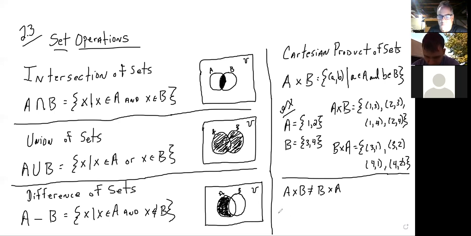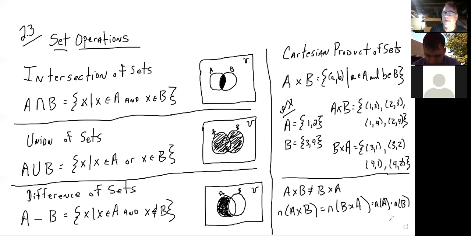What is the same is that the number of ordered pairs I get out of A cross B is the same as the cardinality of B cross A. And even more than that, it can be found simply by multiplying the cardinalities of each individual set: the cardinality of A times the cardinality of B, which would also be the cardinality of B times the cardinality of A, since multiplication is commutative.